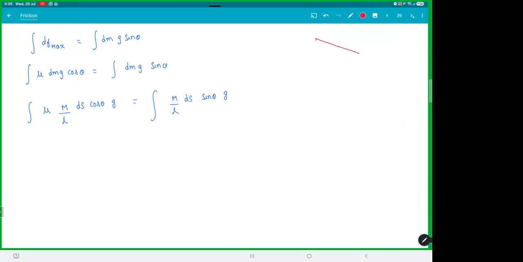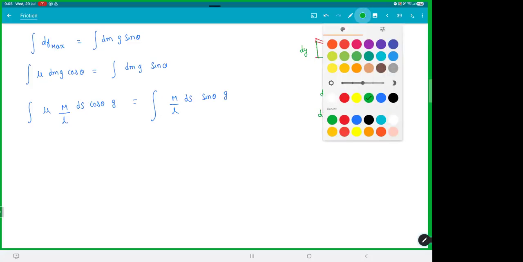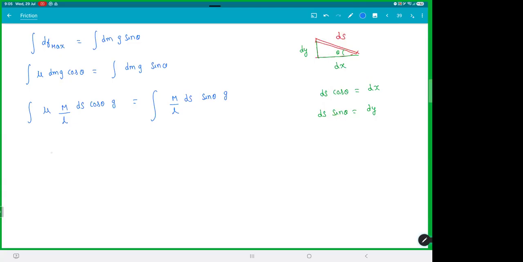Now in this piece which you took, this was your ds, this was your theta, this was your dx, and this was your dy. So we can clearly see here ds cos theta is dx, ds sine theta is dy. So this will be mu capital M g by L integral ds cos theta, and this would be M g by L integral ds sine theta.